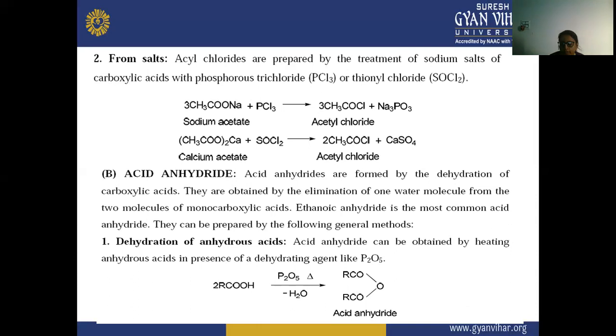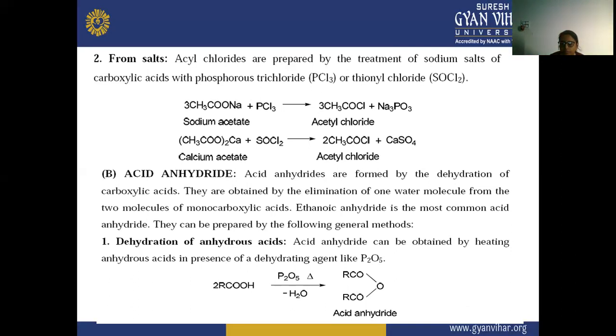So acid anhydrides are formed by dehydration, which means there is a removal of a water molecule from the carboxylic acid. They are obtained by the elimination of one water molecule from two molecules of monocarboxylic acid.